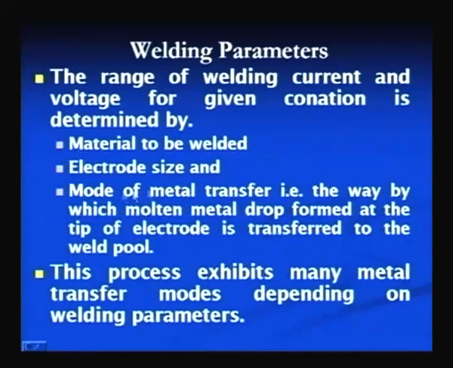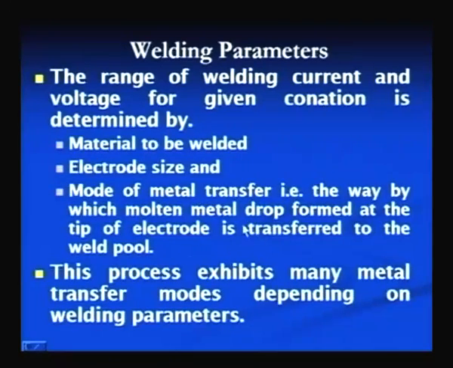And another important factor is the metal transfer, which will be required for soundness of the weld joint under given conditions. Like under some conditions we need the short circuit metal transfer or dip transfer, while under other conditions we need the spray transfer.